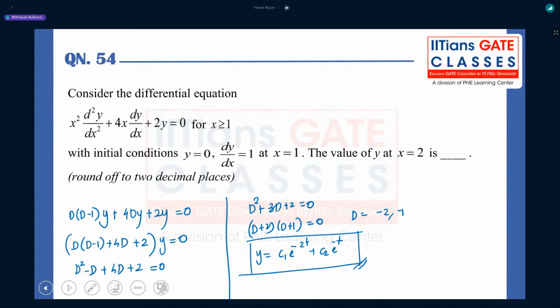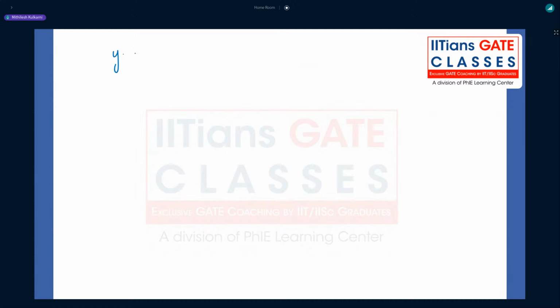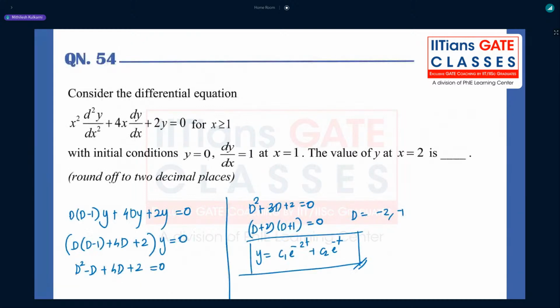Let me write it on the next page. y is equal to c1 e to the power minus 2t plus c2 e to the power minus t. Okay, and we know this is in terms of t because we are writing it with the assumption that t is equal to log of x, or x is equal to e to the power t.